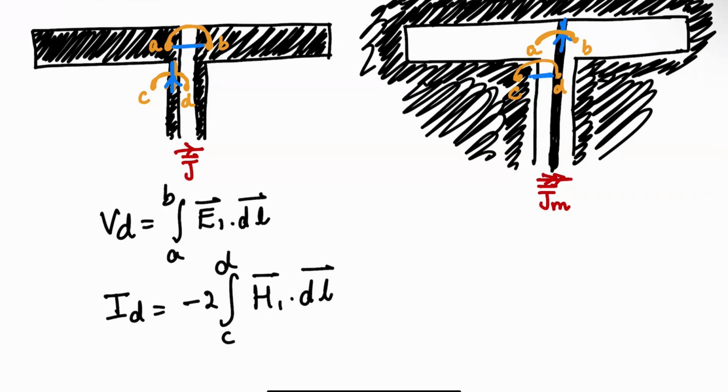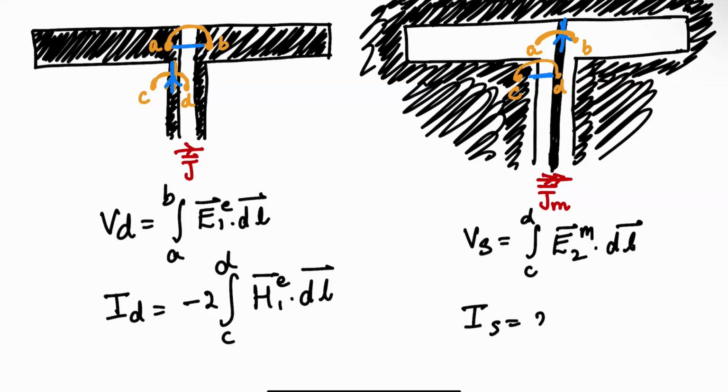Similarly, on this side, we have V_S equal to the integral from C to D of E_M dot dl. You can write this in terms of E_2^M, and I_S is 2 times the integral from A to B of H_2^M dot dl.